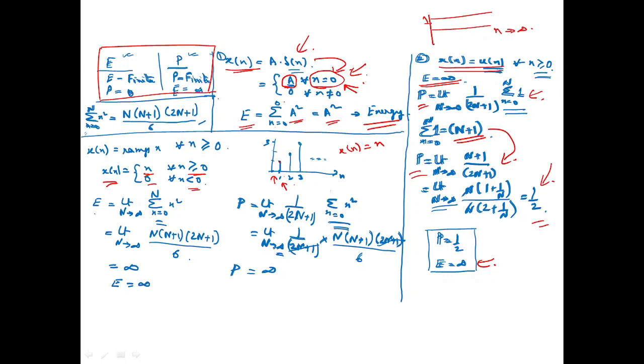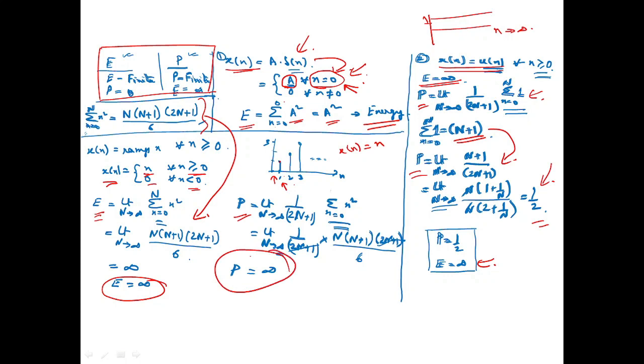Now if you find the energy over here, it comes out to be infinite. There is an expansion series given over here which has been used. Similarly, if you talk about the power of the signal, it also comes out to be infinite.